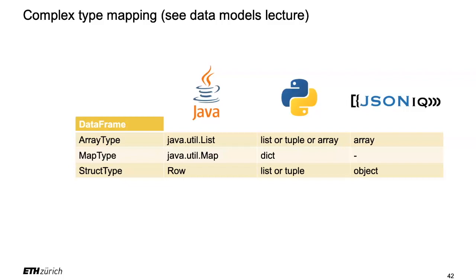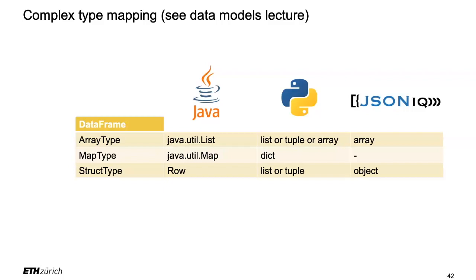Map is kind of like a JSON object, but all the values have the same type, which in general is not the case. In a JSON object, foo could be an integer, bar could be a date, and so on. But in a map, all of the values are the same. For example, you could have a map from country code to country name. That would be a map. So it's a specific kind of struct.